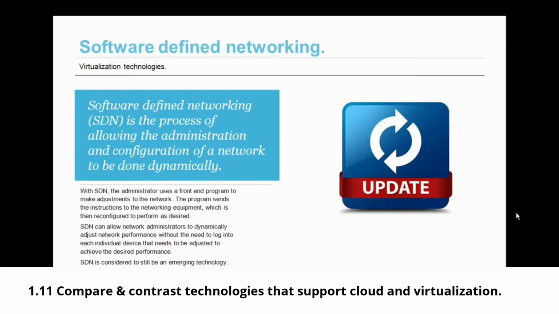This program sends the instructions to the networking equipment, which is then reconfigured to perform as the administrator desires. SDN can allow network administrators to dynamically adjust network performance without the need to log into each individual device that needs to be adjusted to achieve the desired performance.